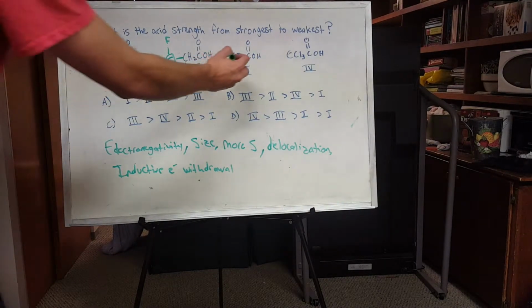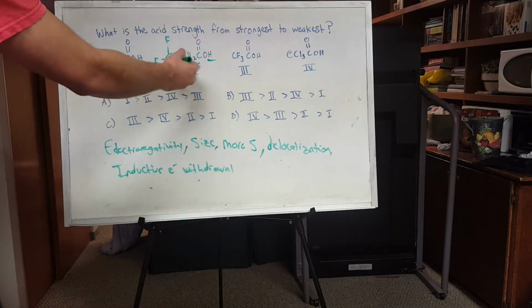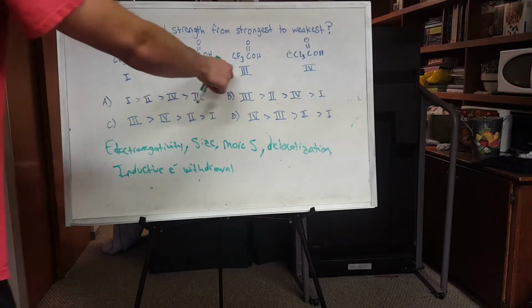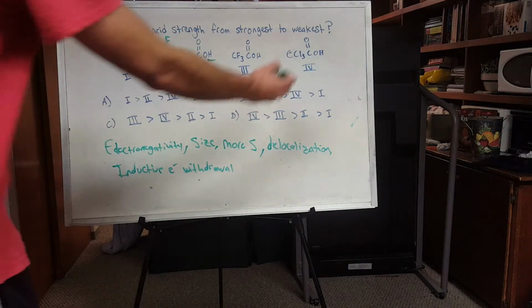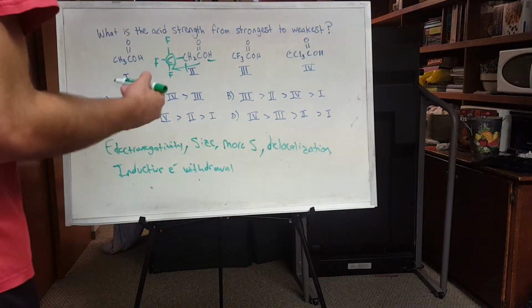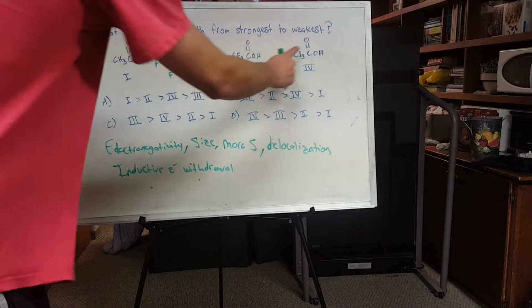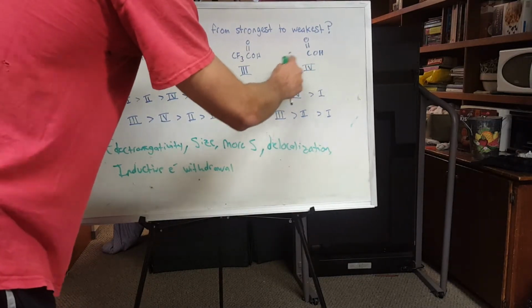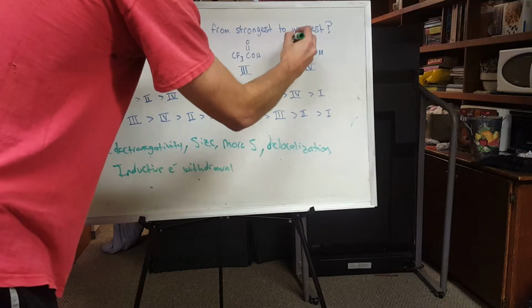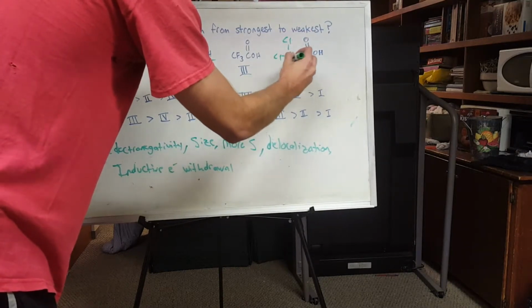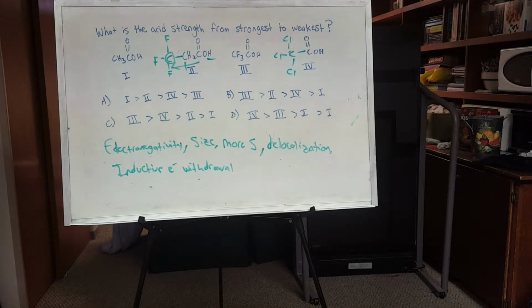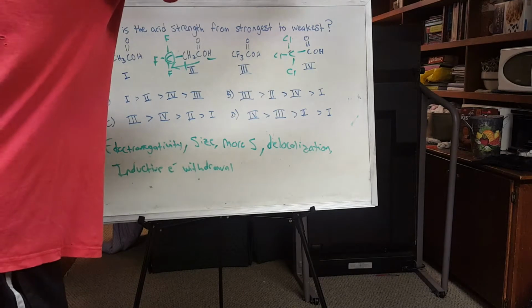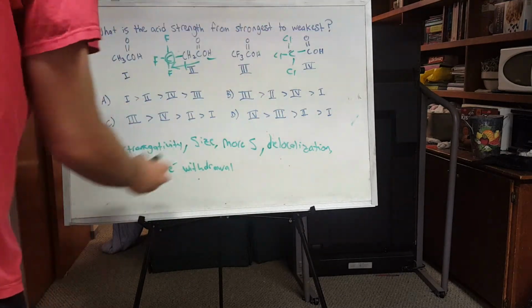So basically this CF3 is closer than this CF3. So 3 will be greater than 2, right? And this one is CCl3, so this is carbon with 3 chlorines. And chlorine is less electronegative than fluorine, right? Periodic table, imagine a big box.